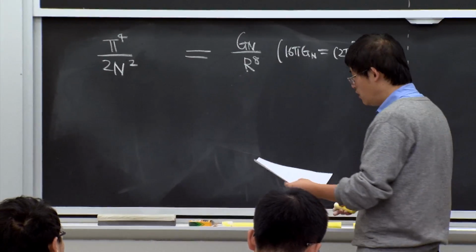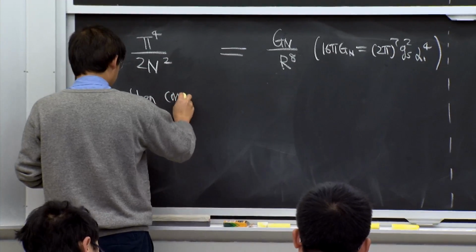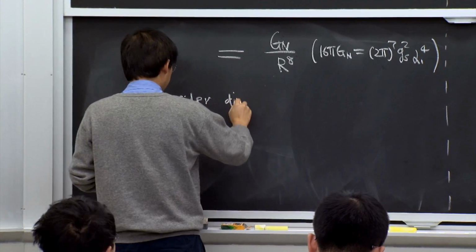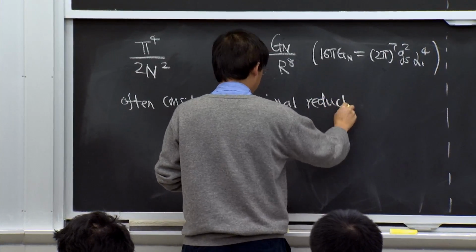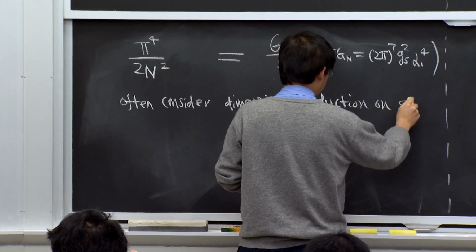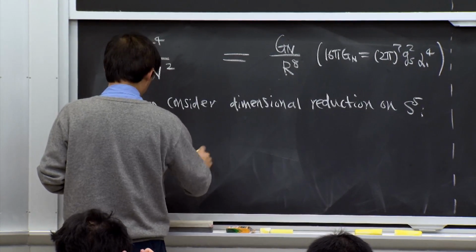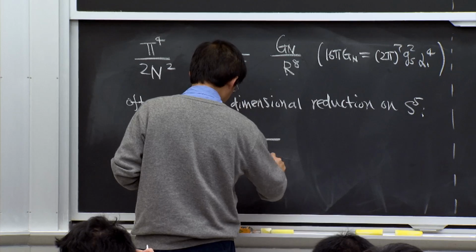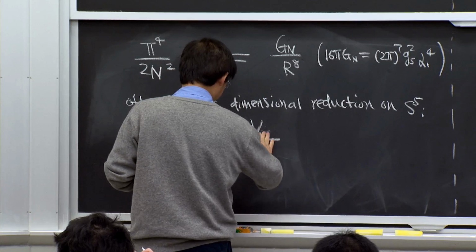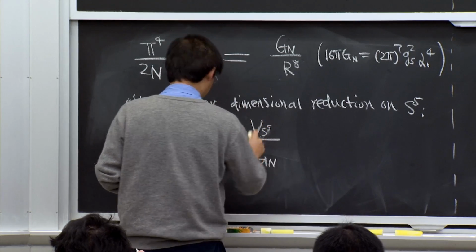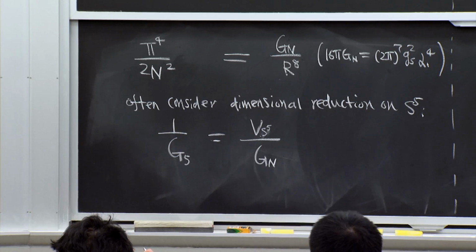As we said before, we often do dimensional reduction on S5. Then we get the 5-dimensional Newton constant. The 5-dimensional Newton constant is equal to the 10-dimensional Newton constant divided by the volume of S5. We wrote this down before.